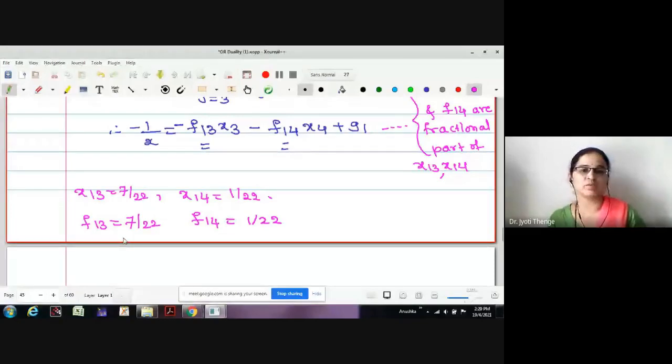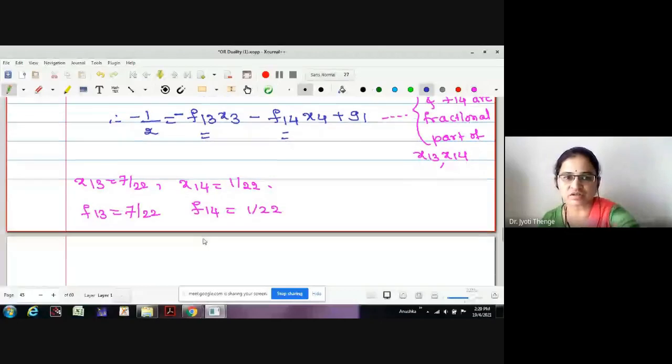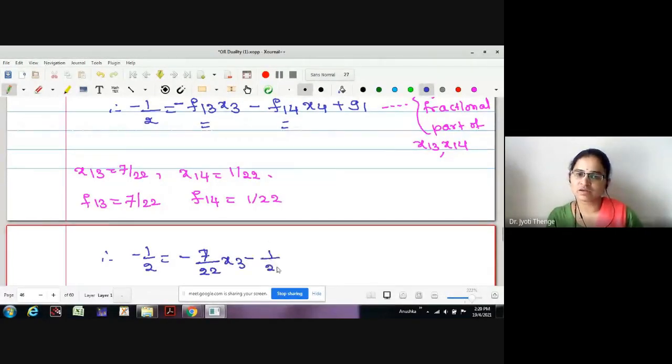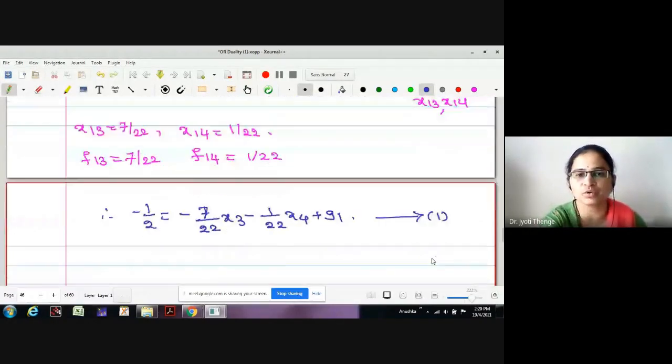Therefore, what will be the first constraint? First Gomorian constraint: minus half equals minus 7 upon 22 x3 minus 1 upon 22 x4 plus g1. Is that okay? Let me call it statement number 1. Now what we have to do?